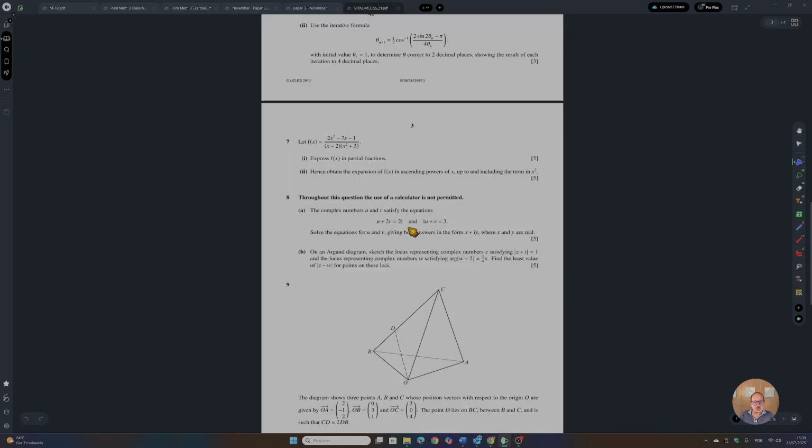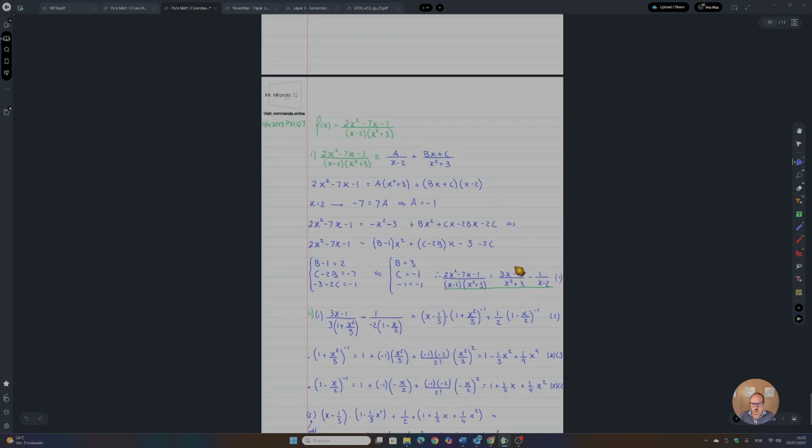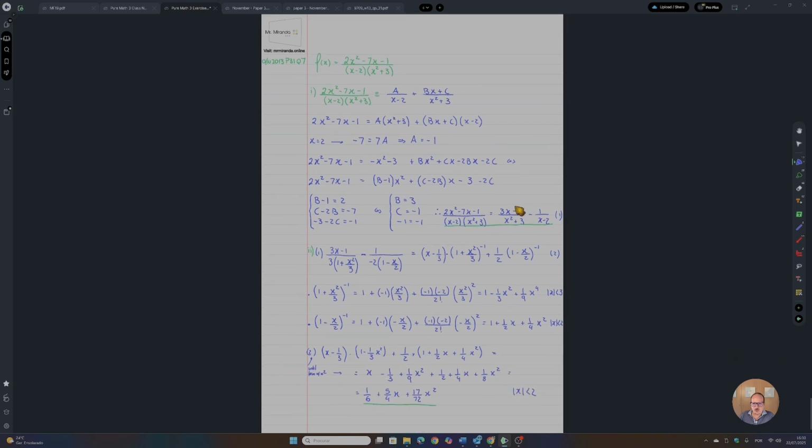The rest of the question is typical already. Hence, obtain an expansion of f of x in ascending powers of x up to and including the term in x squared. So you just need now to organize this so that you can expand. So this is going to be 3x minus 1 over what? This needs to be a 1 and placed first. So you factorize 3, open brackets, 1 minus x squared over 3. This minus 2 must also be a 1.